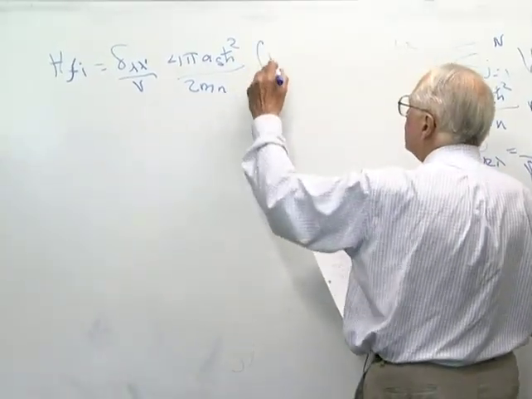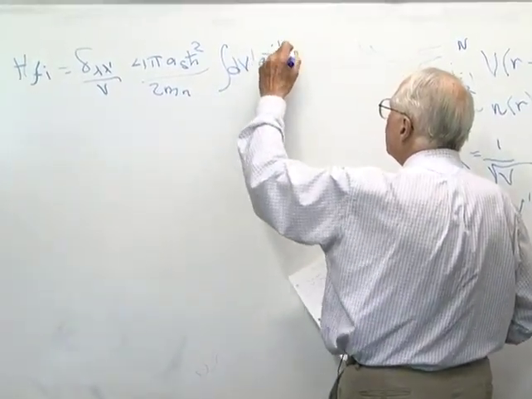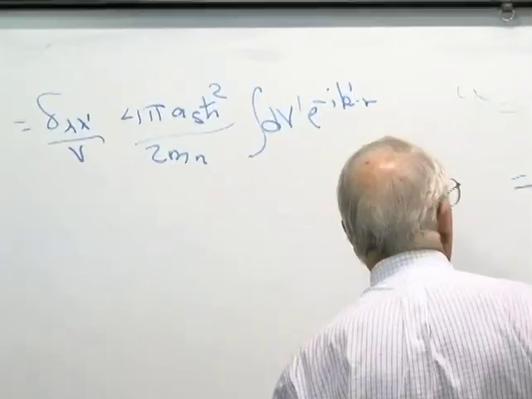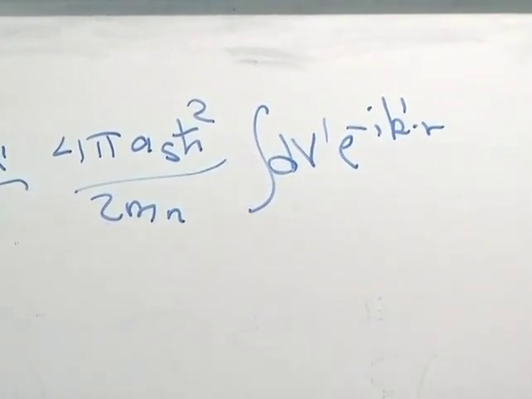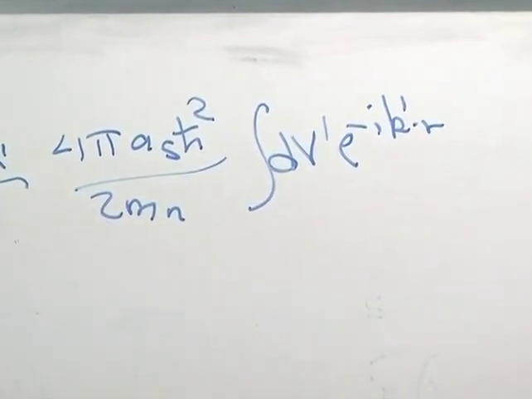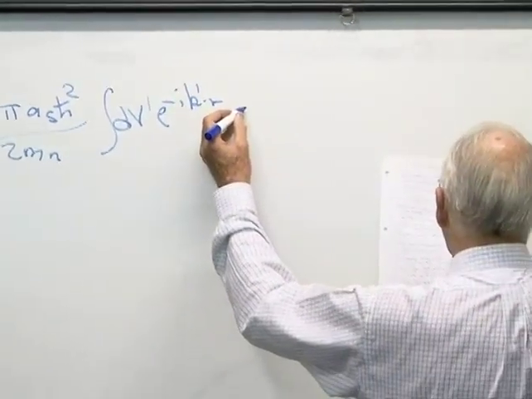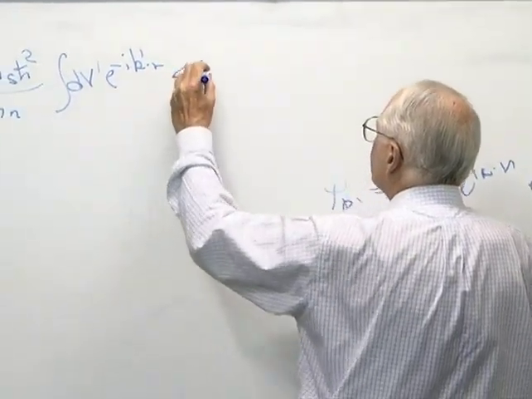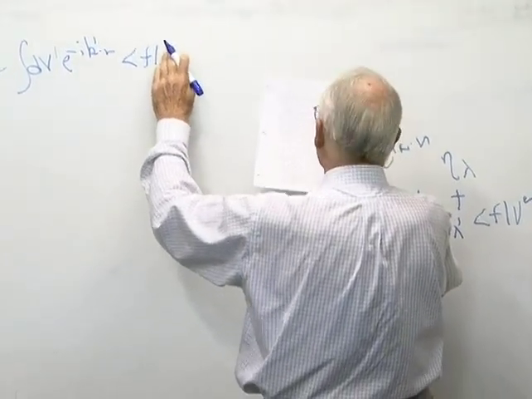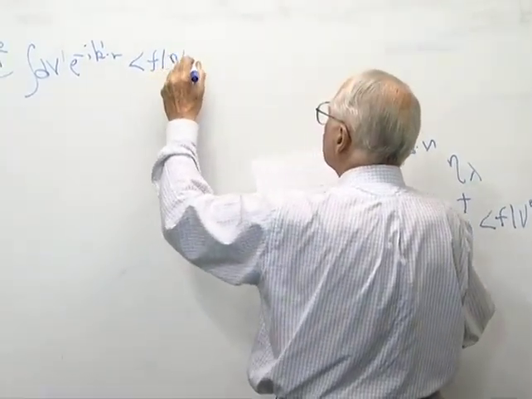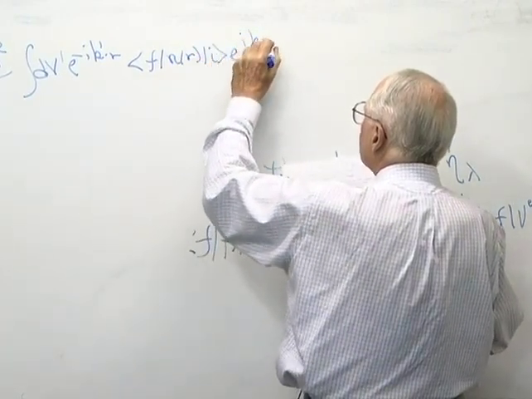Now I get an integral dv prime e to the minus i k prime dot r, times the final state of the target, this is just n of r, i, and then I get e to the i k dot r.